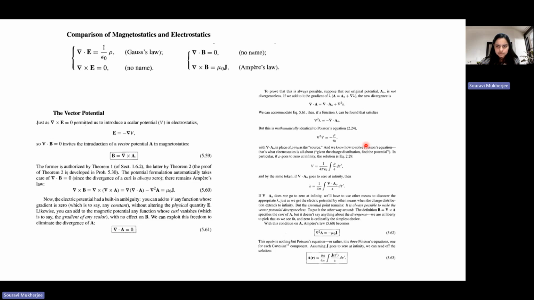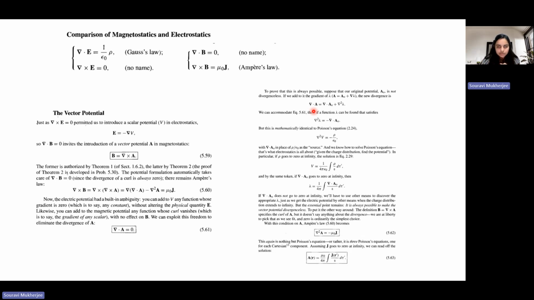Okay, so that means if initially your original potential was A naught, you can add the gradient of lambda to it such that you get a new vector potential A, which is divergence less. Now for that condition, the divergence of A should go to zero, right?